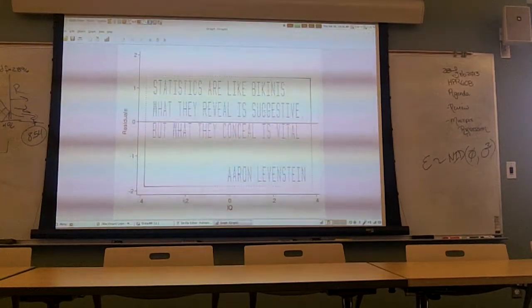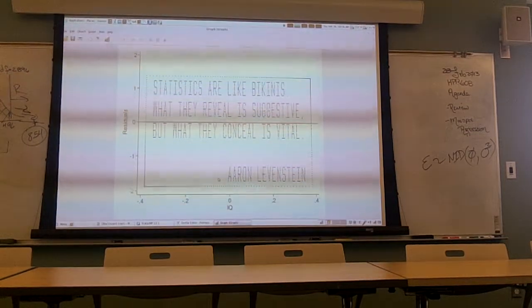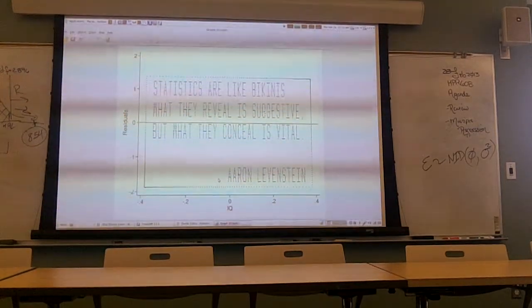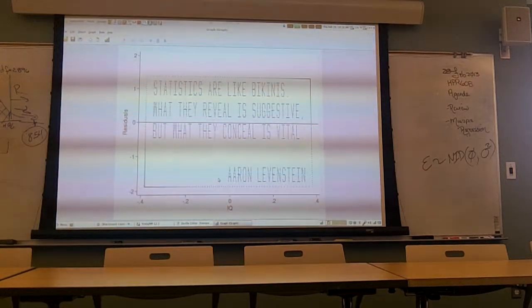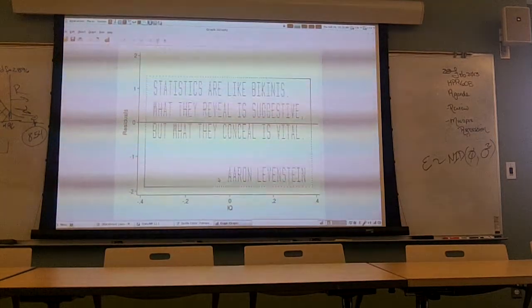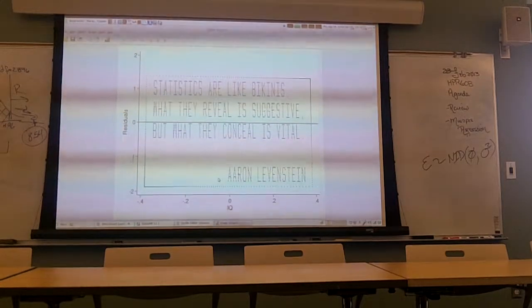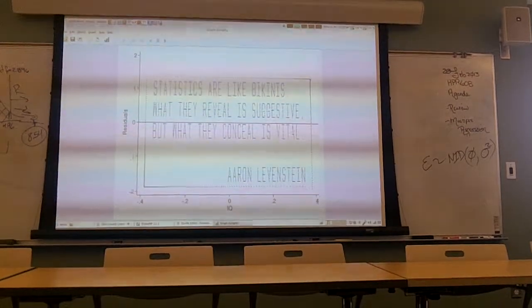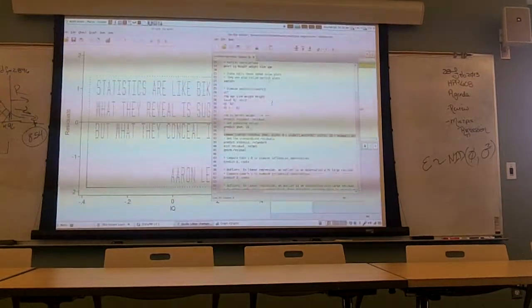So there's pretty good evidence of violation of the homoscedasticity assumption, which means that the precision of our estimates is not constant. There's more variability as we go across x.